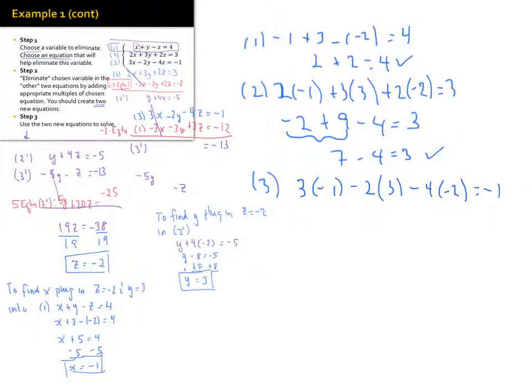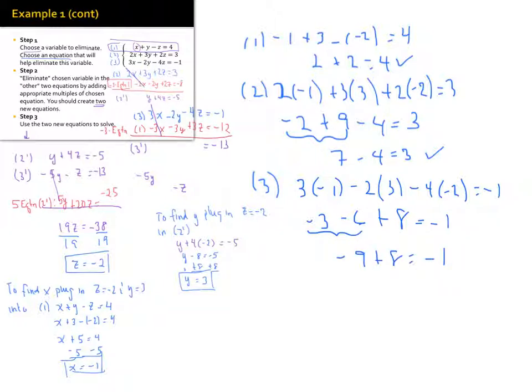Sure enough, notice that I get -3 plus 6 plus 8. The equation is 3x minus 2y minus 4z equals -1. Oh, that's my mistake. I see it. This is supposed to be a negative, so negative 3 minus 6 plus 8 is supposed to be -1. Then again, order of operations says do this first, and -9 plus 8 really is -1.